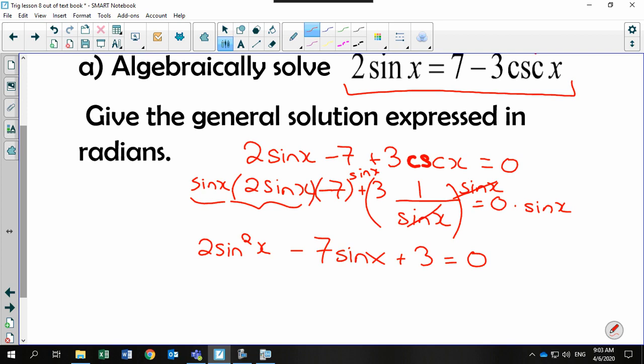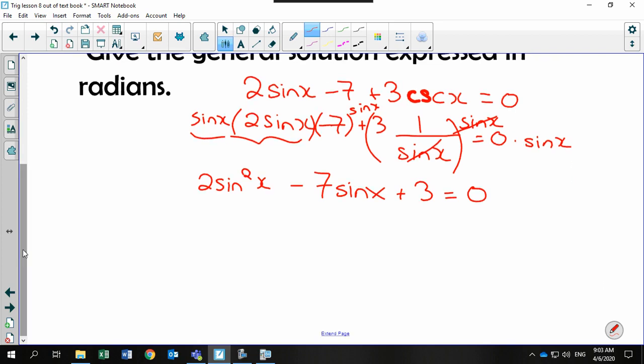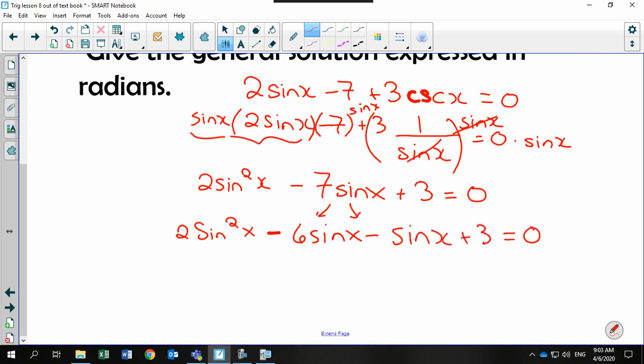Now this is something that can be factored by decomposition. So just to show that, we're going to get 2 sine squared x minus 6 sine x minus sine x plus 3. Factor by grouping.